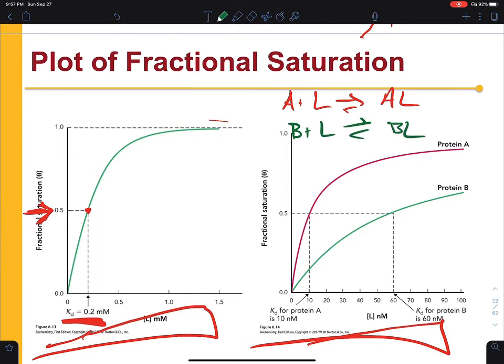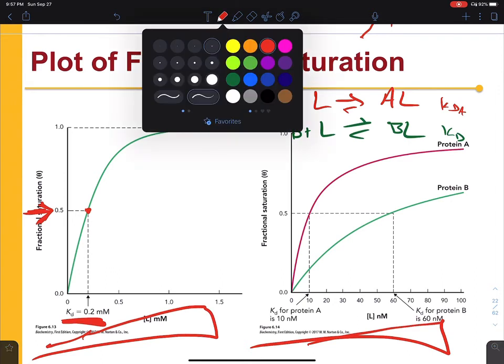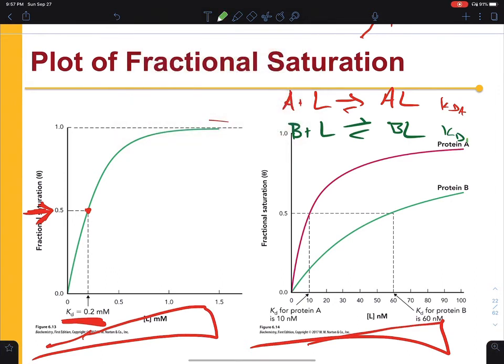And if you were to plot these out, these have different binding affinities. We know this because when we plot these values out, as a function of their Kds, let me say A here and B here, we see that they plot out differently. Here we see protein A over here, protein B over here.